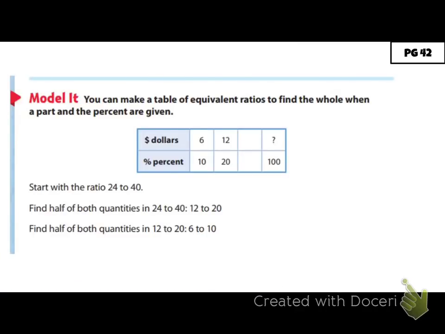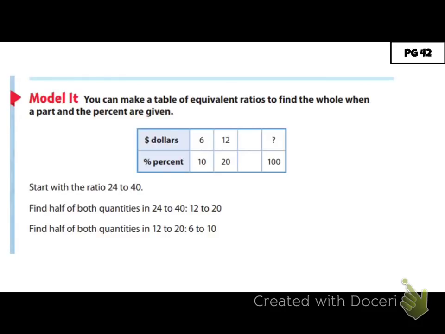Now in Model It, you can also make a table to find equivalent ratios to find the whole when a part and the percent are given. Start with the ratio 24 to 40. Find half of both quantities in 24 to 40, and that would be 12 to 20, because half of 24 is 12 and half of 40 is 20.